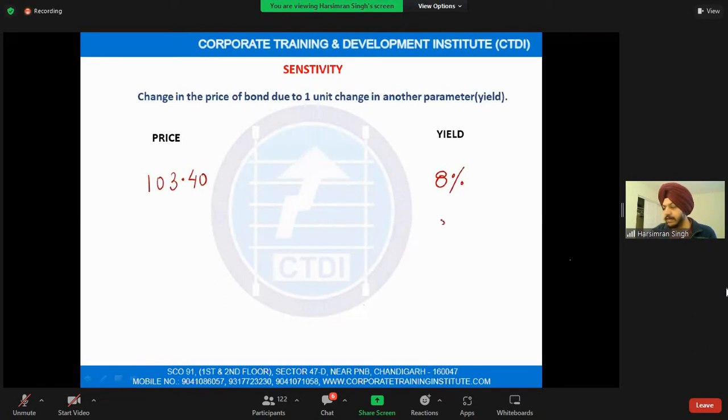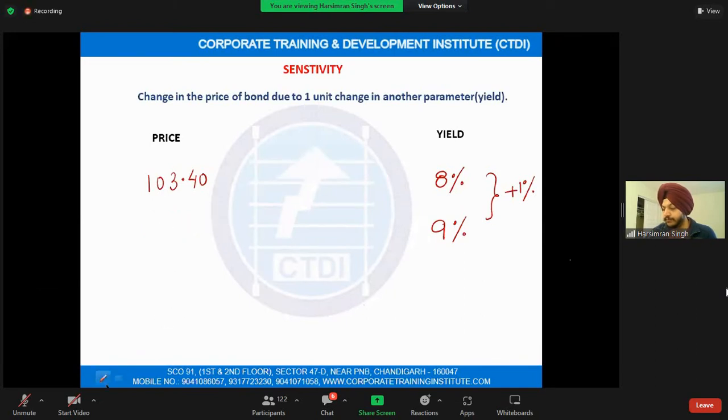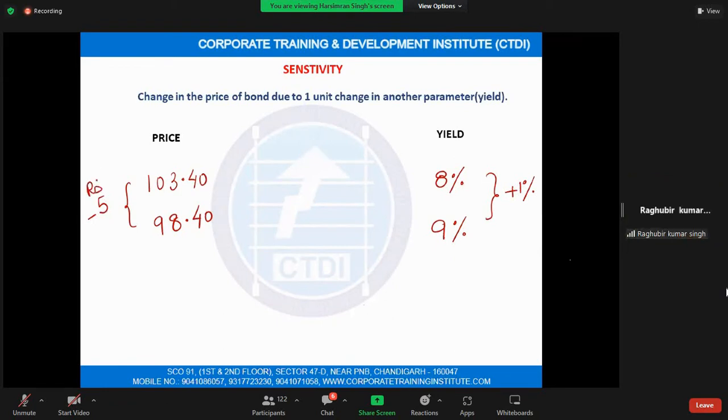When the yield is 9%, yield goes up by 1%, the price goes down, let me make it, the price becomes let us say 98.40. So that means the price has gone down by 5 rupees. Is that clear or not? Yes or no? Yes, sir.